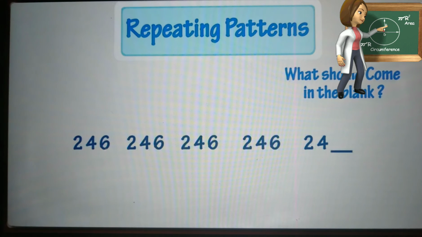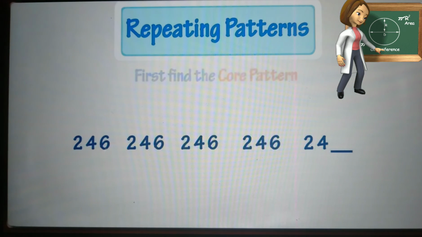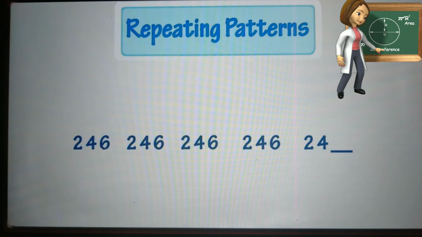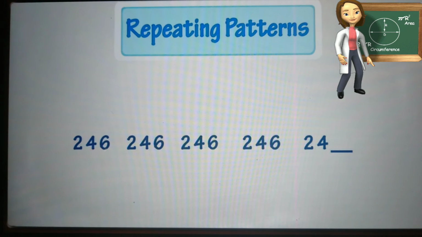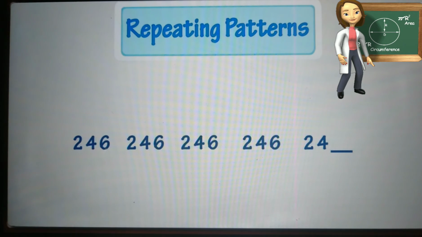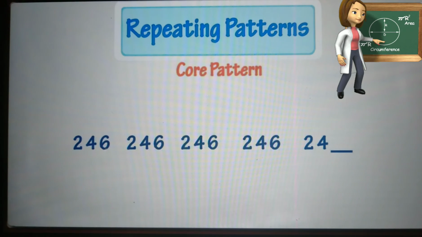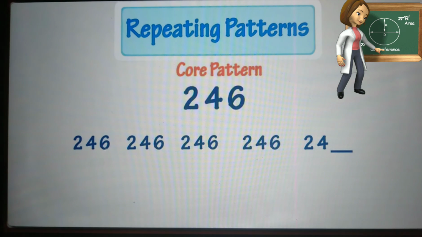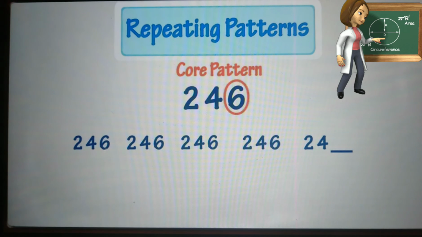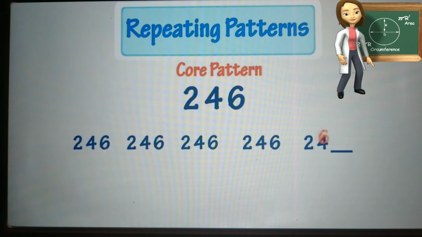In any repeating pattern, we first find the core pattern, that is the term that's getting repeated. And then we can repeat it any number of times to grow the pattern. Here, the core pattern is 2, 4, 6. So according to the core pattern, 6 would come after 4.